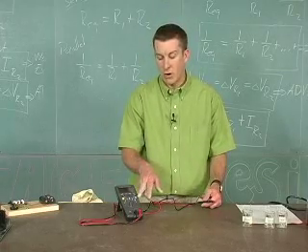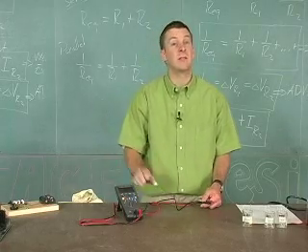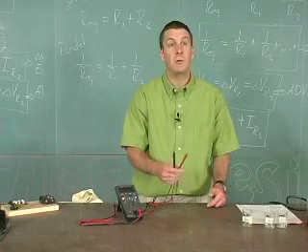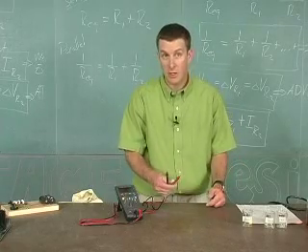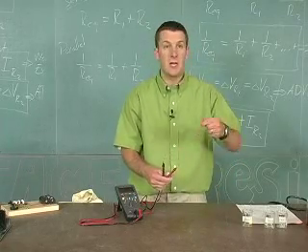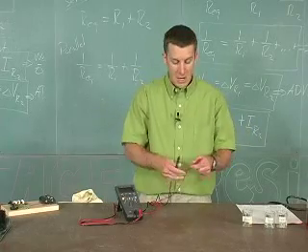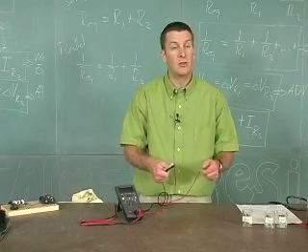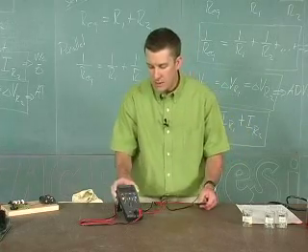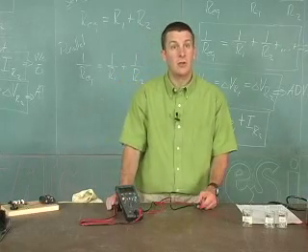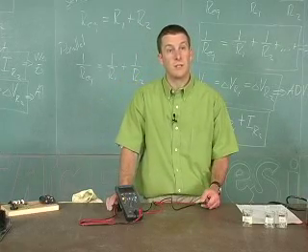Now, if you want to measure current, the meter, these probes, have to be part of the circuit. So you have to make or disconnect a part of the circuit and plug these two things into that circuit. So this is the device that we're going to be using in our work with simple circuits.